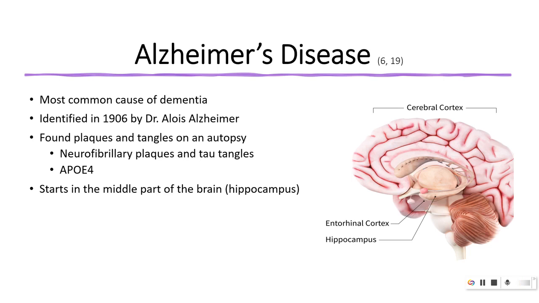What's interesting about this is that the Native American population is kind of almost immune to the APOE4 gene because of their diet history from the past.